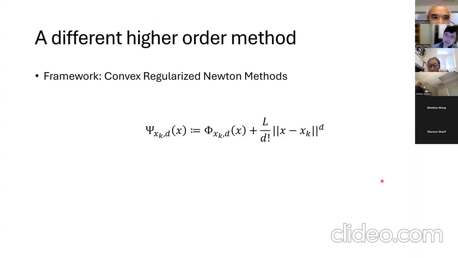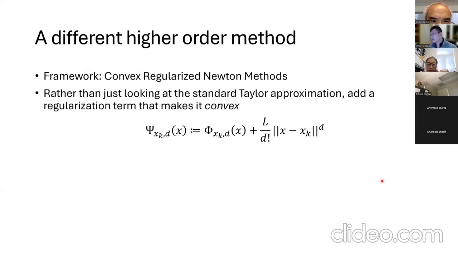As for something that a lot of people have looked at, one of the most common frameworks is called the convex regularized Newton's method. Really what this is, again, I've taken the standard Taylor approximation and I add this regularization term.